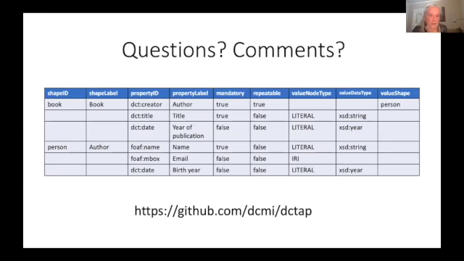If you think in terms of relational databases, book and person would be tables that connect to each other. It's just that in this tabular format, it's kind of awkward to show that type of dependency.